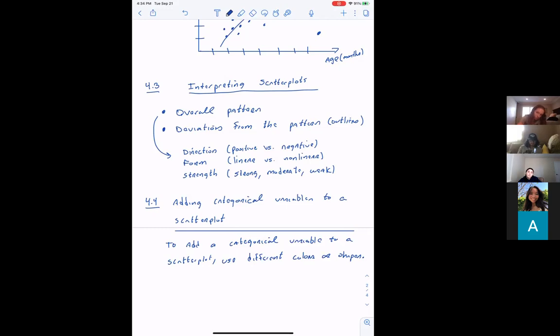Personally, sizes, well, the thing about sizes is, especially if you have lots of data points, you don't want them to get in each other's way so that they kind of overlap. And if you use different sizes and points are close to each other, that might be a little confusing. Now, I would suggest not using sizes, especially because each individual, boy, girl, whatever, is at a very specific X and a very specific Y, and it truly is a point.